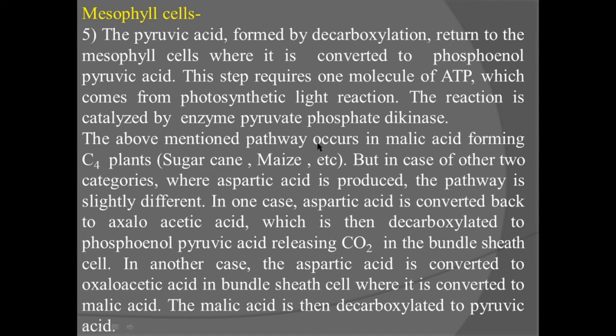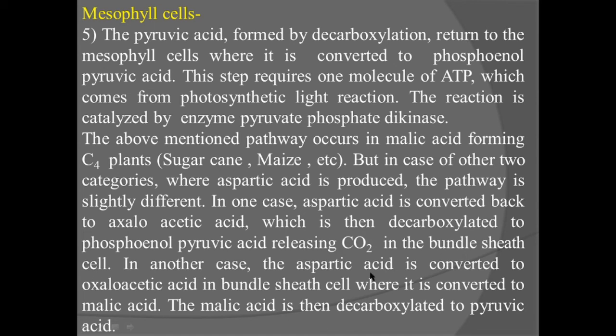The above mentioned pathway occurs in malic acid forming C4 plants. But in case of other two categories, where aspartic acid is produced, the pathway is slightly different. In one case, aspartic acid is converted back to oxaloacetic acid, which is then decarboxylated to phosphoenol pyruvic acid, releasing carbon dioxide in the bundle sheath cell.